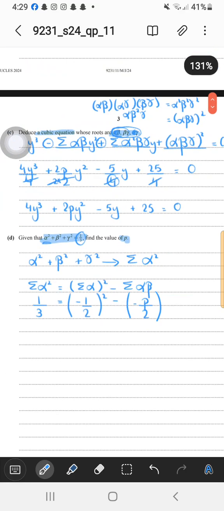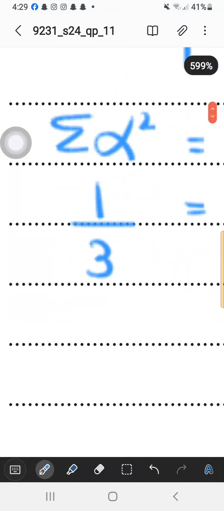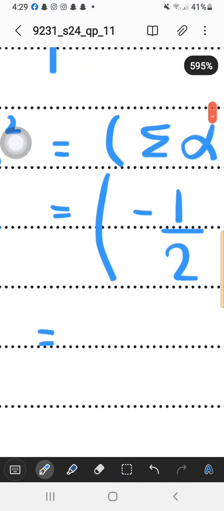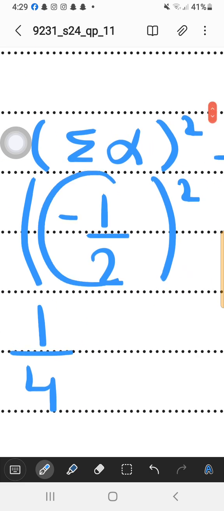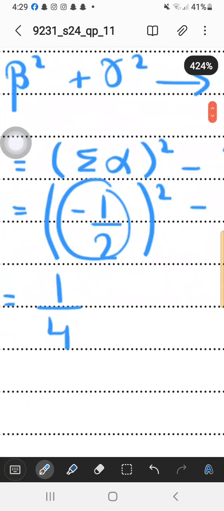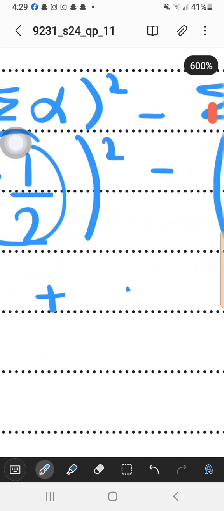Okay, so it becomes 1 upon 3 equals to 1 upon 4. The negative 1 upon 2 will get squared, 1 upon 4, and plus p upon 2.